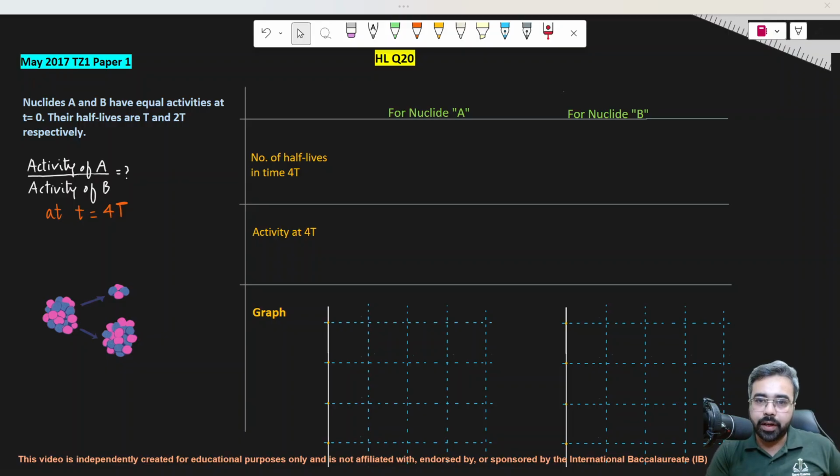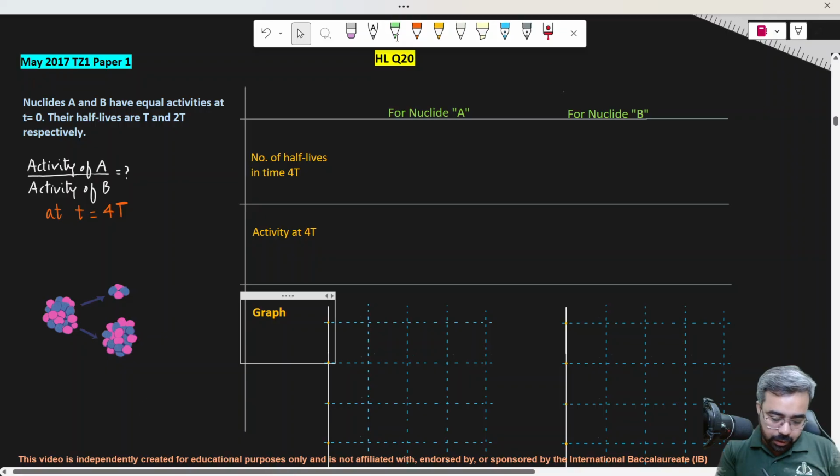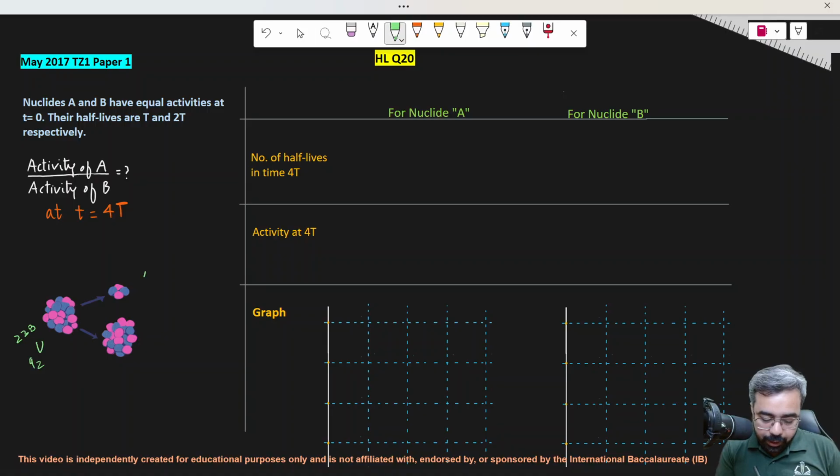Every radioactive nuclide has a different rate of activity, and it decays by emitting radioactive particles like alpha, beta, and gamma. For example, the famous uranium 92 238, when it releases an alpha particle, converts into thorium 90 234. So this is one decay, the decay of one nuclide.